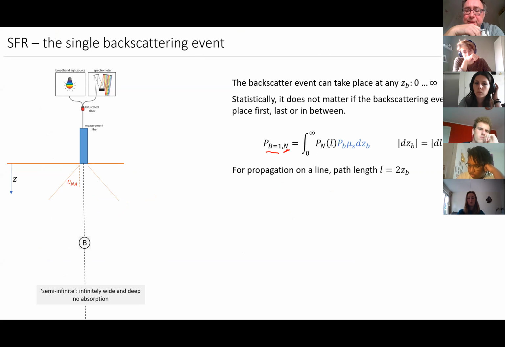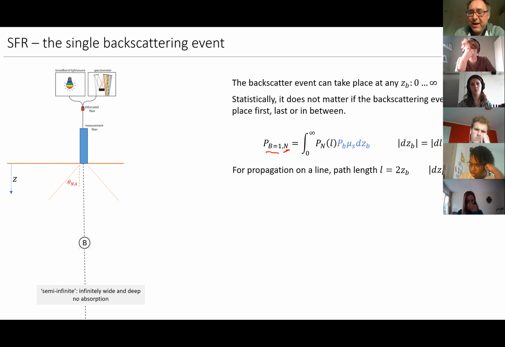If I would propagate the photon from the source fiber back to the detection fiber along this line, then the total length would be 2 times ZB. If ZB is the location of the backscatter event, the photon goes back and forth, so the total length will be 2 times ZB, which gives me a conflicting statement that this element dZB is only half of the segments of DL.